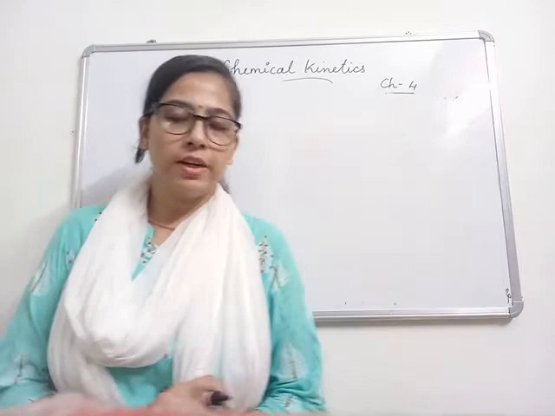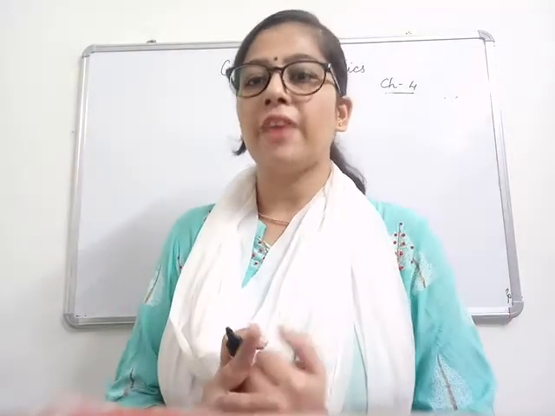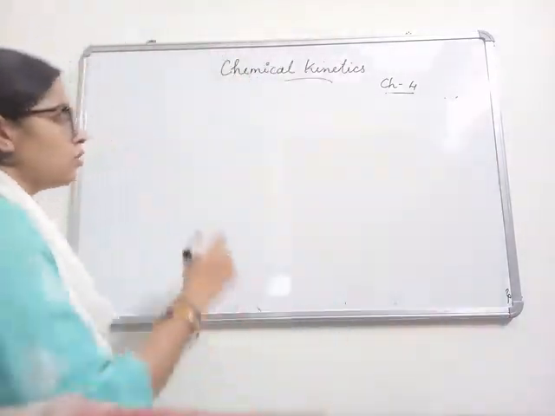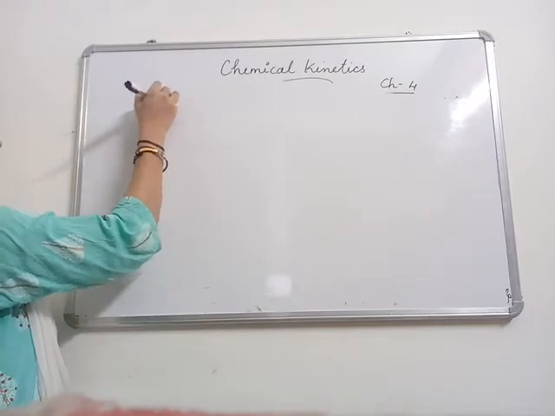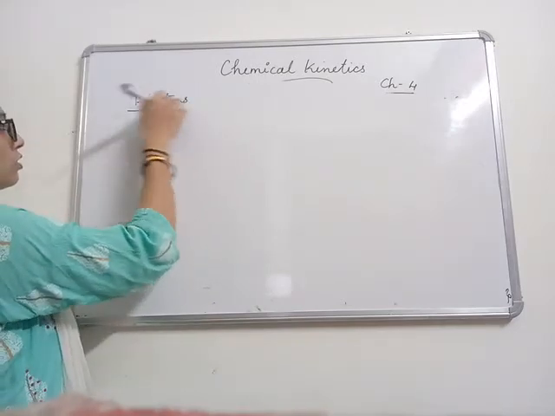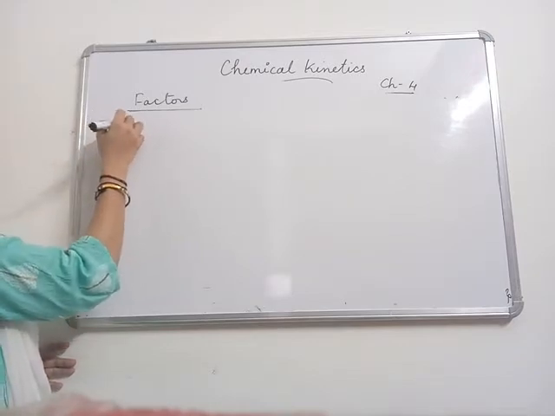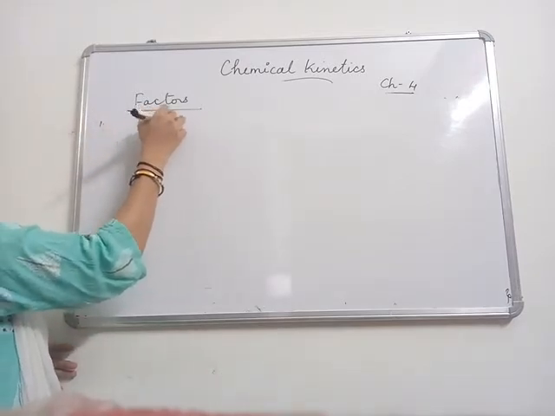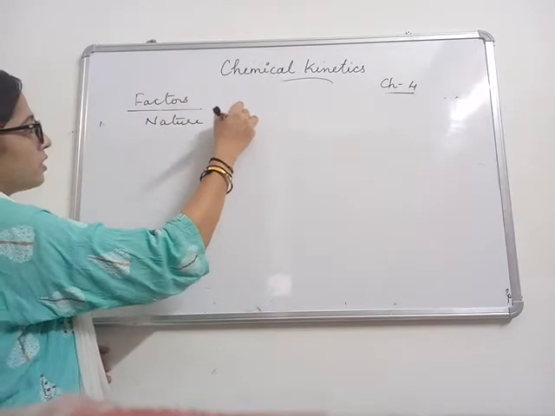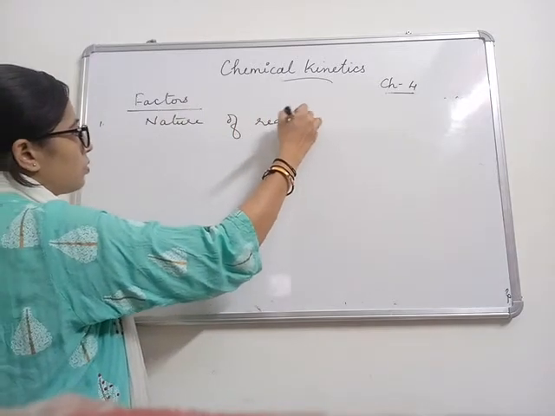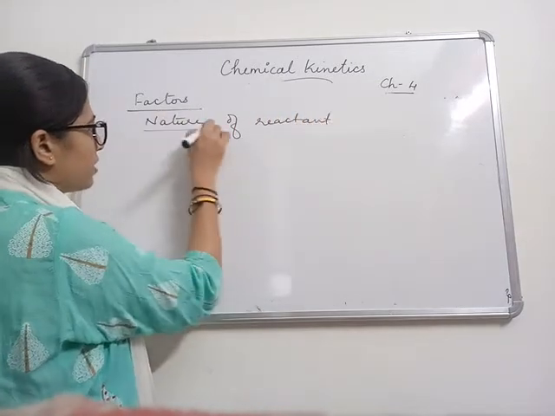Now the rate of a reaction depends on certain factors. The factors on which the rate of a reaction depends are the factors that affect the rate of a chemical reaction. First is the nature of the reactant. What is the nature of the reactant?